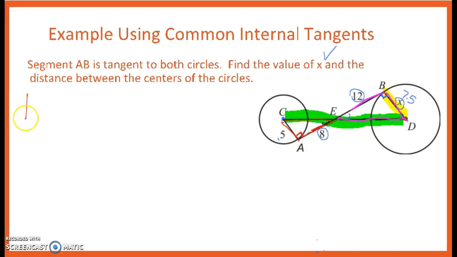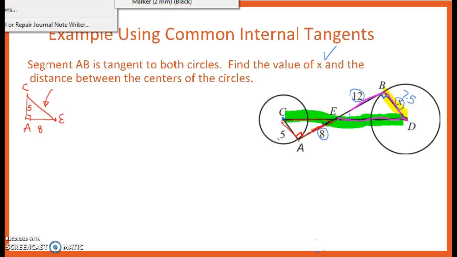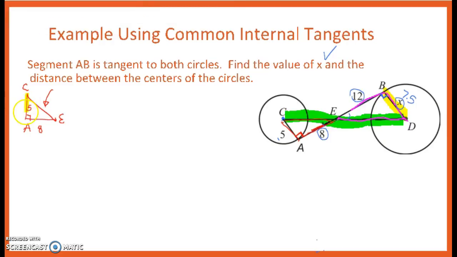So if I pull this out, this is C, A, and E. And CA is 5, and AE is 8, and I want to find this distance here. So I can use the Pythagorean theorem. A and B have to be the legs forming the right angle, and that'll let me find the distance from C to E.